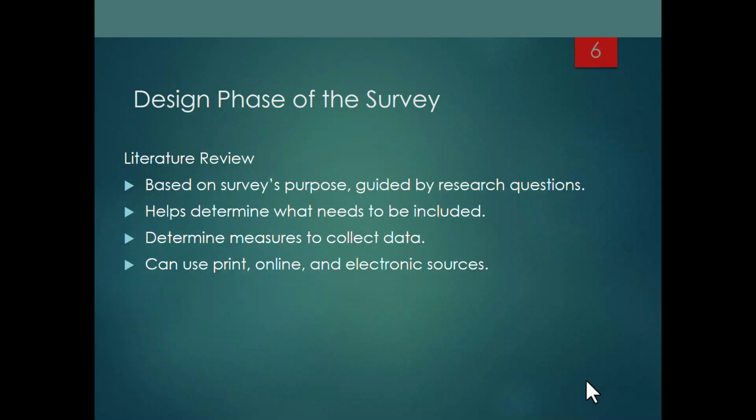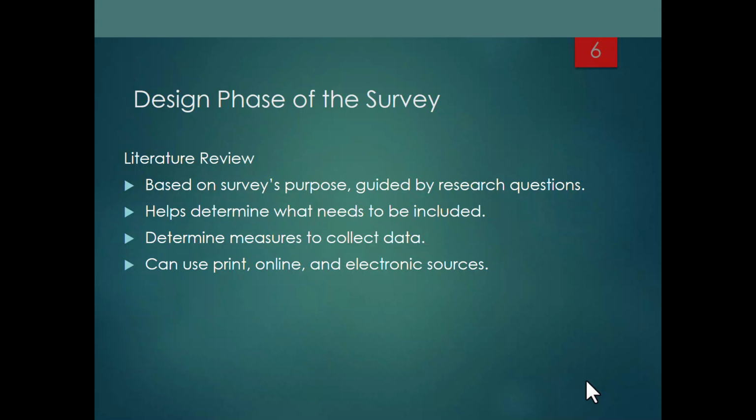So a literature review can determine if measures exist in the literature that can be used to collect data. When conducting your literature review, this is done based on the survey's purpose. It is also guided by your research questions. So you would complete your literature review after you know what your research questions are.